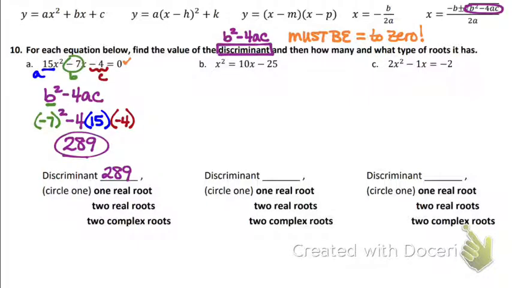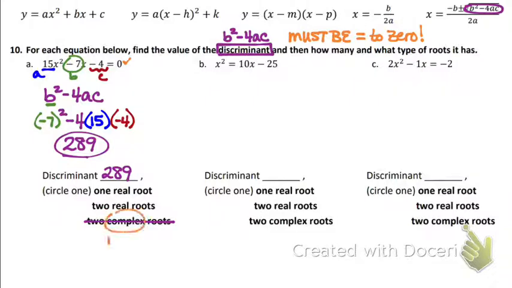That's what's going to go underneath my radical. Can I do the square root of 289 on my calculator? Or will the calculator give me an error? Try it. Can the calculator do the square root of 289? Yep. If the calculator can do it, then it is not complex.